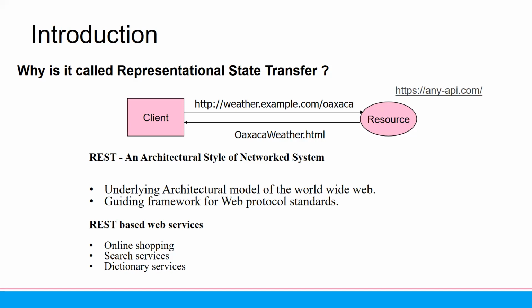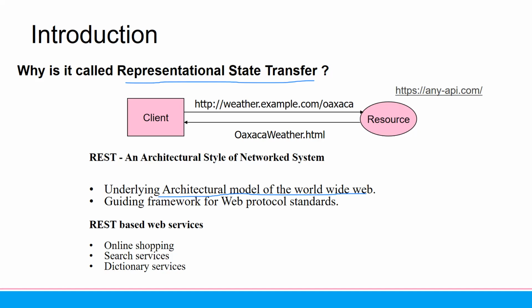We call this kind of thing representational state transfer. Using this representational state transfer, or REST, we can know how this model can be transferred throughout the World Wide Web.